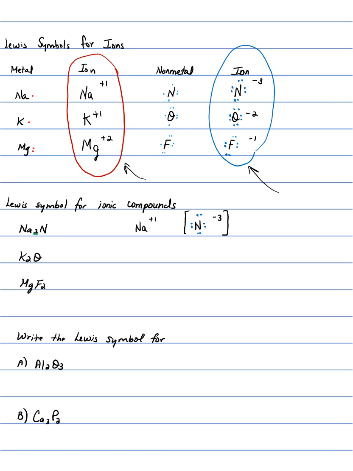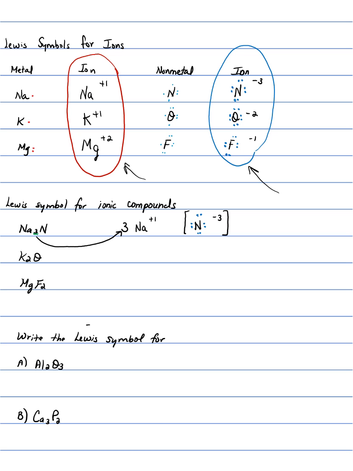But that 3, which is a subscript, is telling you how many ions of sodium you have in this specific compound. In this specific compound, you have 3 ions of sodium, 1 ion of nitrogen. Okay? So the subscript here is part of your Lewis symbol.